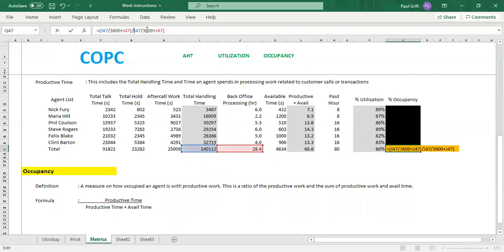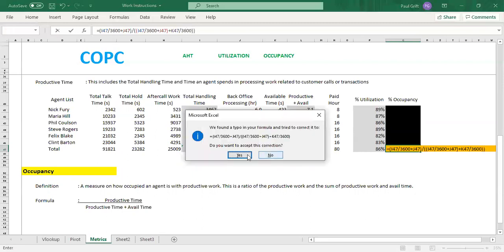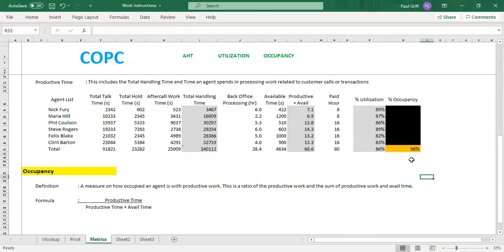And let's put a double parentheses, and then let's add the available time. This is in seconds, so let's just convert it into hours. And there you go. We can see we have very high occupancy.